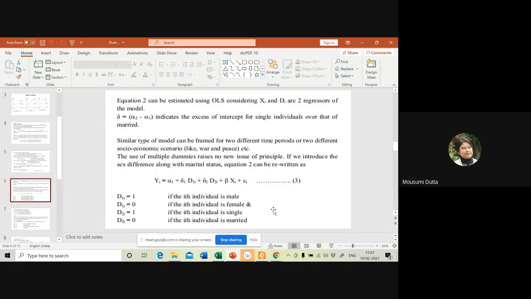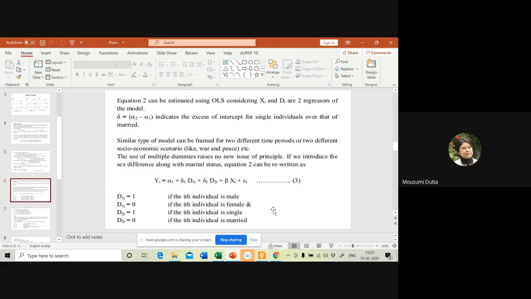Now, if you write the equation in this format, in no way are you disturbing the error term in the model. The error term is classical in nature, so you will be able to estimate the equation using the ordinary least squares technique. So equation 2 can be estimated using OLS, considering xi and di as two regressors of the model.